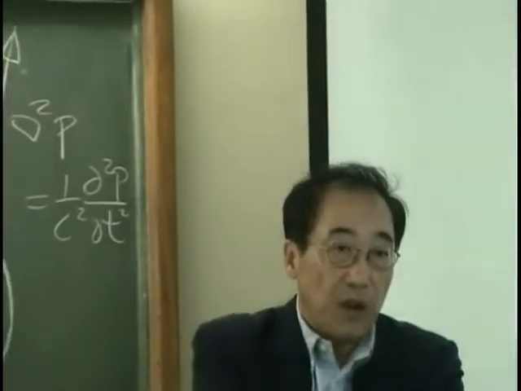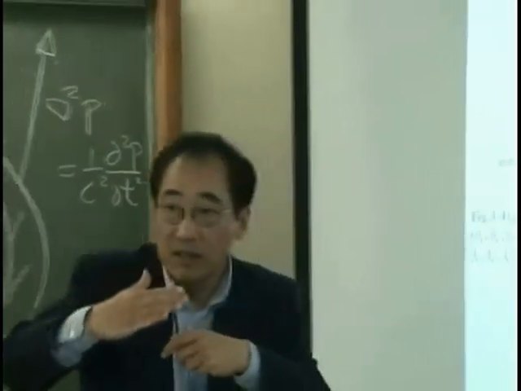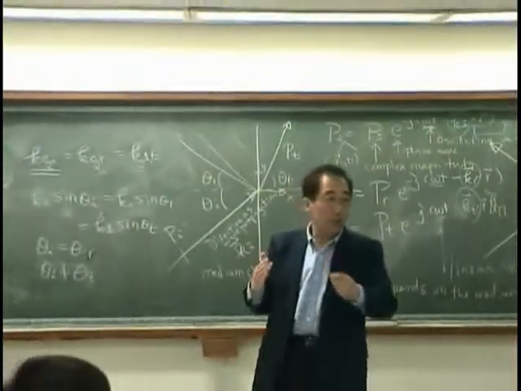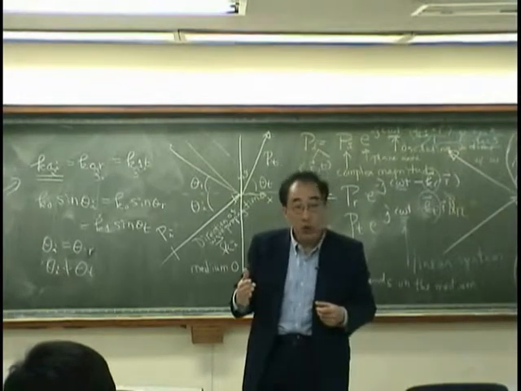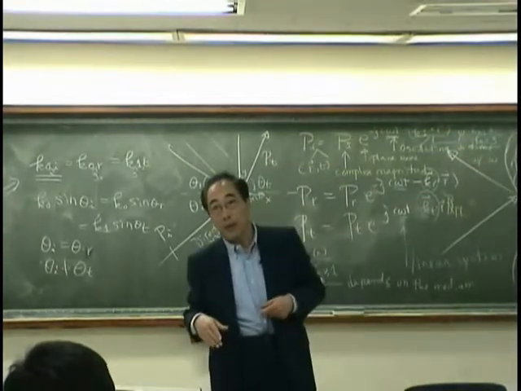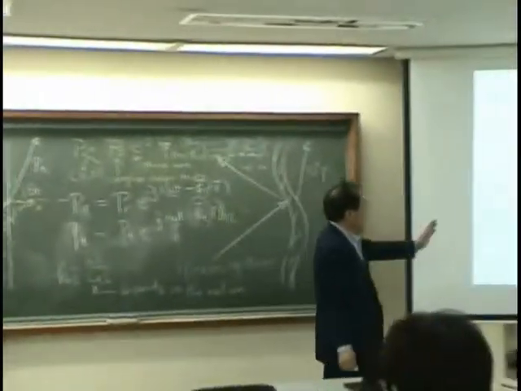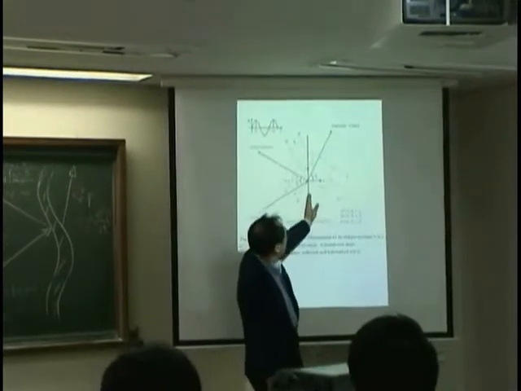So in fact, the number of waves propagating in the y direction is the same in both media. That we call trace wave number. Trace wave number meaning that we are tracing the wave number in the y direction.